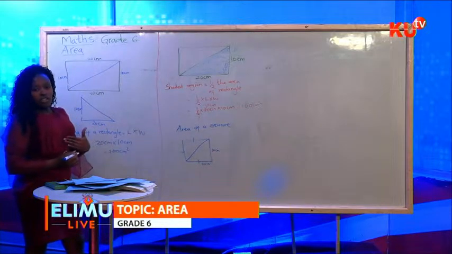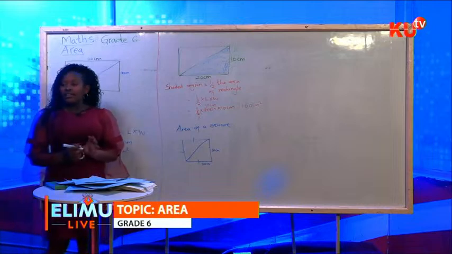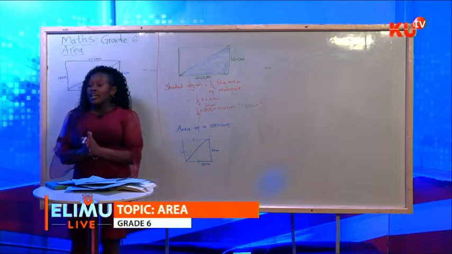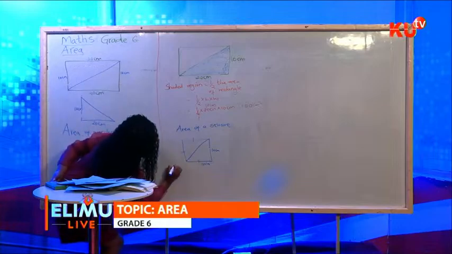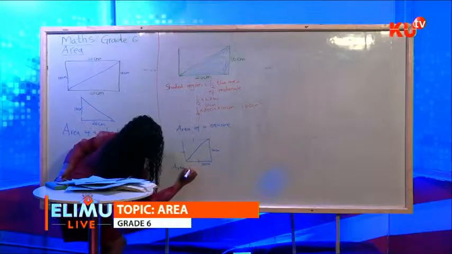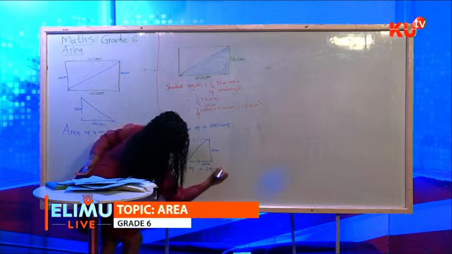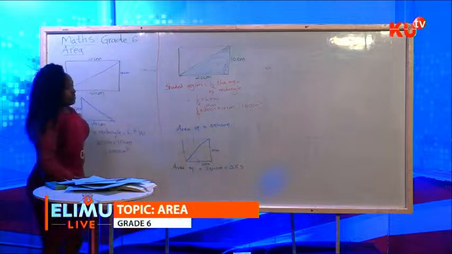So, if I'm told to find the area of a square, we usually say that the formula of finding the area of a square is side multiplied by side. So, area of a square is equal to side multiplied by side.